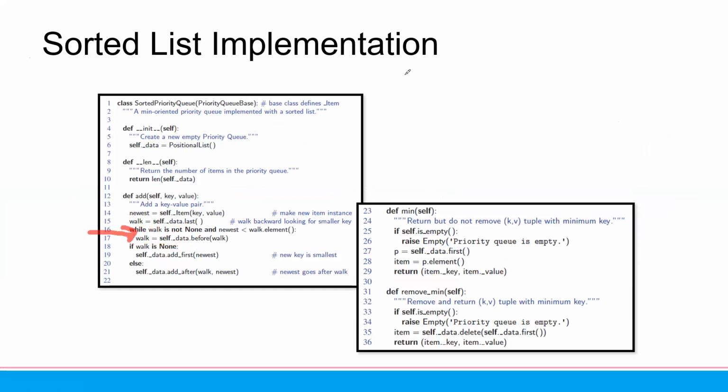We will check every element from the last element, and if it is located in that particular position, we can just put it in that position. So if walk is None, then let's put it as the first element. If it is not, then let's put it after the walk. So this will be n time, because we will do the loop until the walk is None, until the first element, because we are going backward.